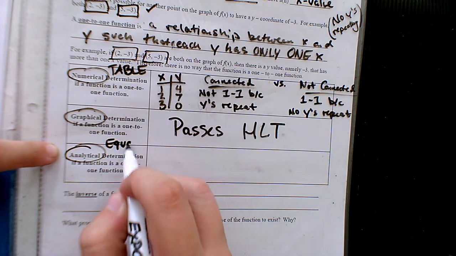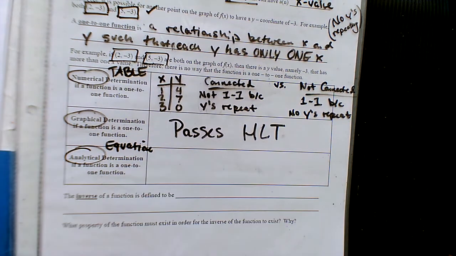Analytically means we have some type of an equation to analyze, by hand. So if we have an equation, maybe we can think about what that equation would look like if we were to graph it. And we've spent a lot of time this year talking about graphs of equations. For instance, if I give you a square root equation, do you know what a square root graph looks like? Isn't it that half of parabola?